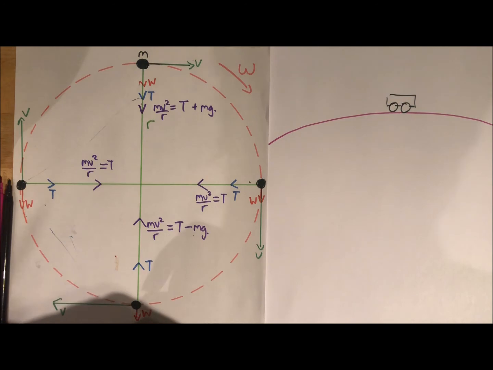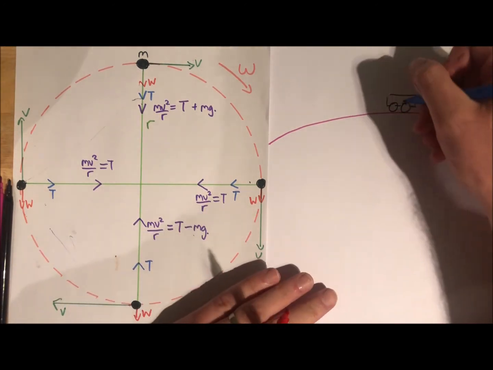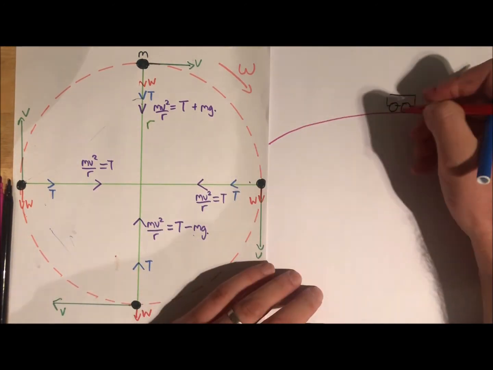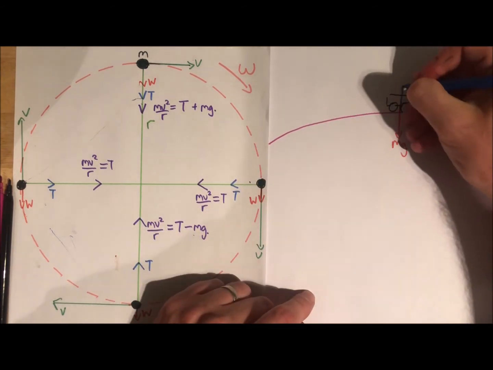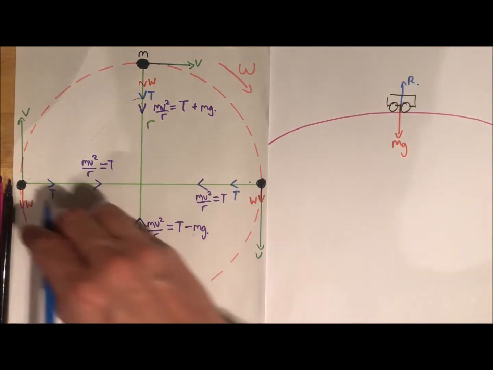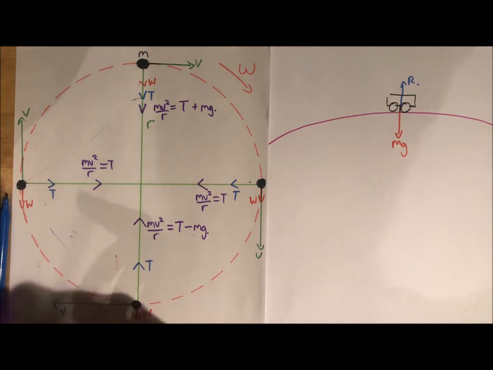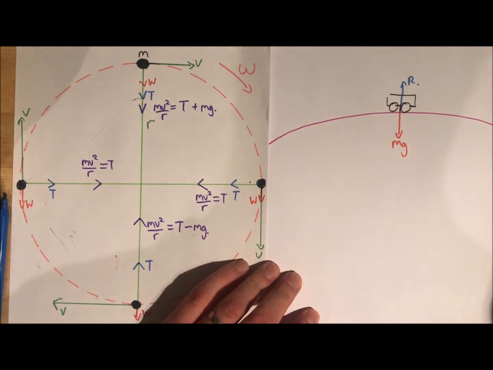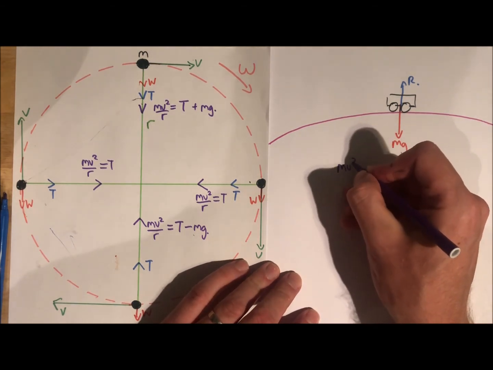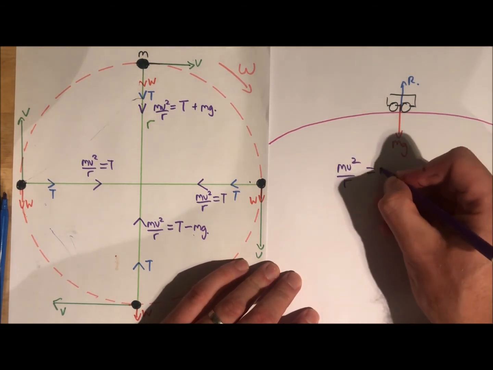And of course, just sticking with the car on the humpback bridge example, we've got its weight, mg downwards, and we've got a reaction force of the car on the road upwards at any given point. And so the centripetal force towards the centre of this, assuming that this path is circular, is mv squared over r, is mg.